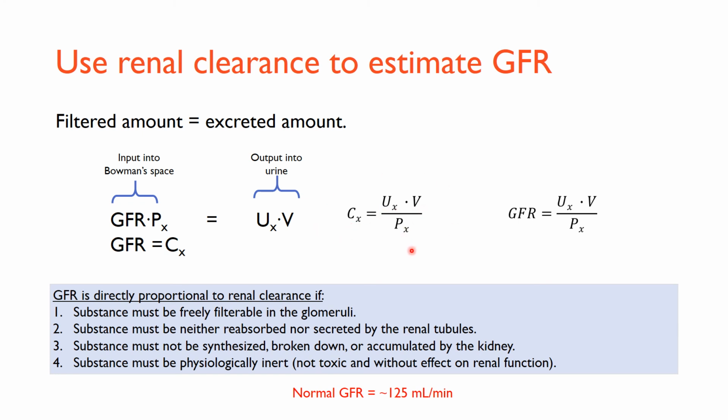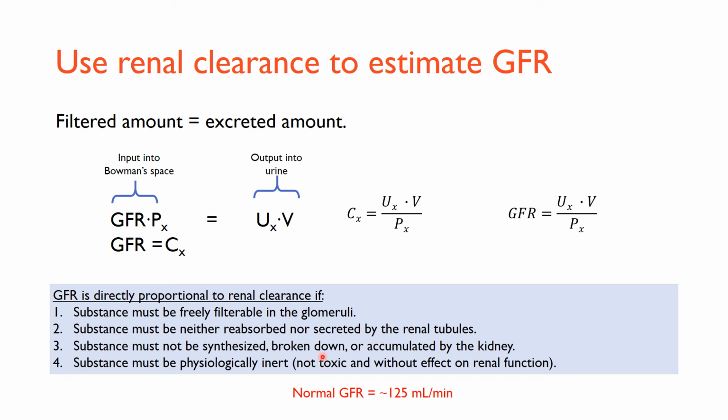Meaning that if this condition is true, you can substitute GFR for C. So this is an easy way to calculate GFR under certain conditions. And those conditions are that the substance you're measuring, all these little X's here, has to be freely filterable at the glomerulus. It can't be reabsorbed or secreted.